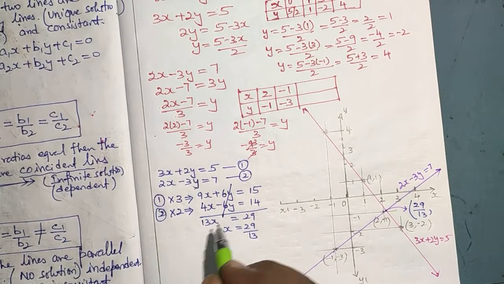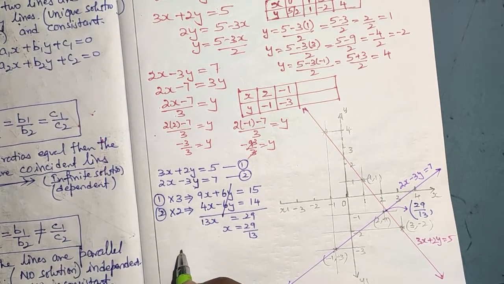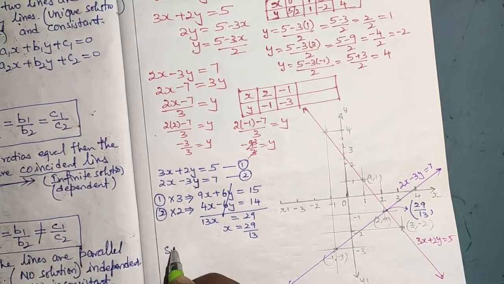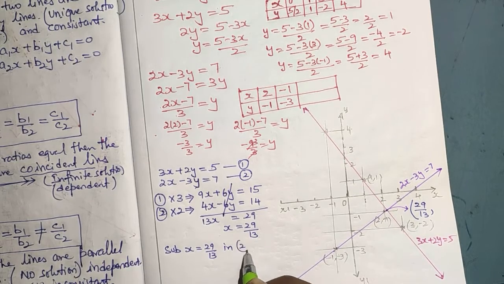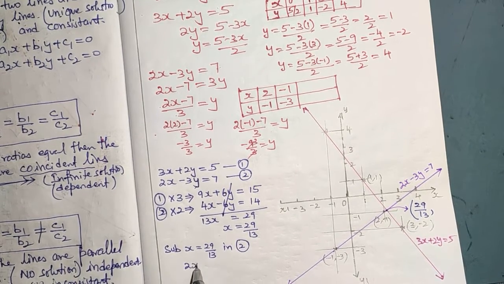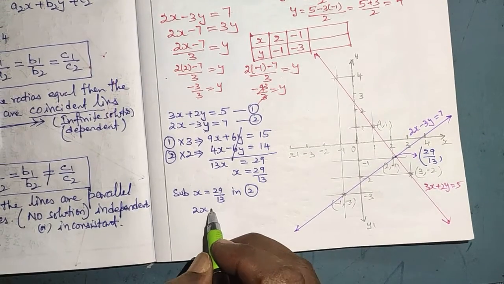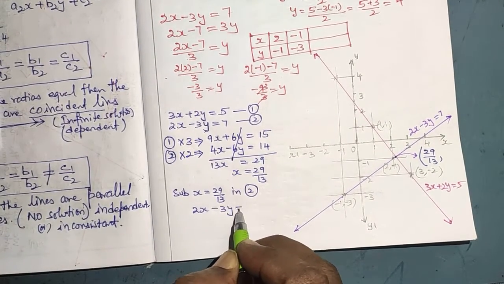The y value I can again solve for or substitute. I will substitute the value of x equal to 29 by 13 in the second equation. So 2x minus 3y is equal to 7.